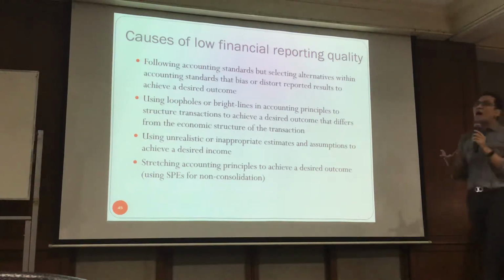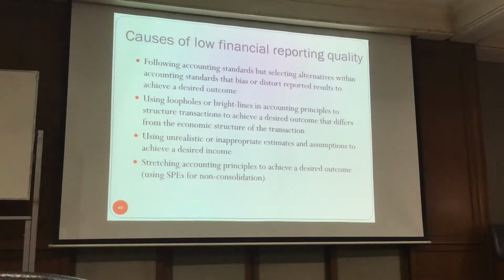To identify what could create low quality of financial reports. You read along the lines and try to tell me, does that make sense? For the 4 bullets here. If the financial report has any of the 4 of them, do you think you can trust them?